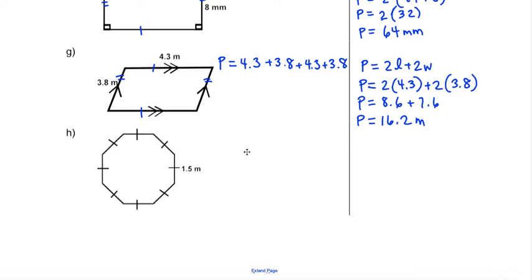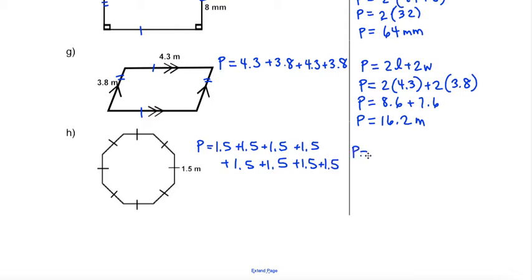And the last shape that we have, again, all of my side lengths are the same, and I have 1, 2, 3, 4, 5, 6, 7, 8 sides, so this is an octagon. I could either add up all of my sides 8 times, so 1.5 plus 1.5 plus 1.5 plus 1.5 plus 1.5 plus 1.5, 1, 2, 3, 4, 5, 6, 2 more.